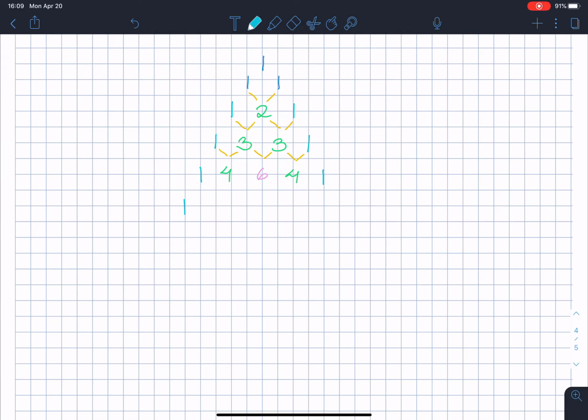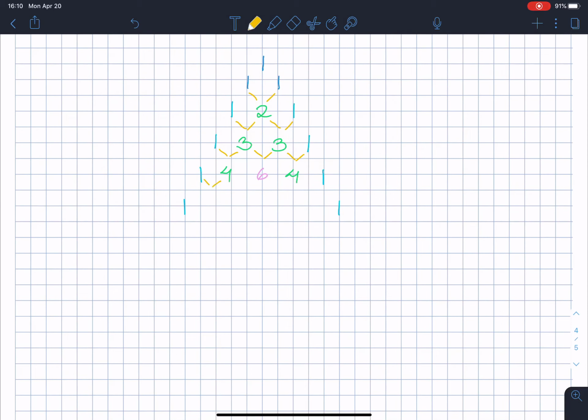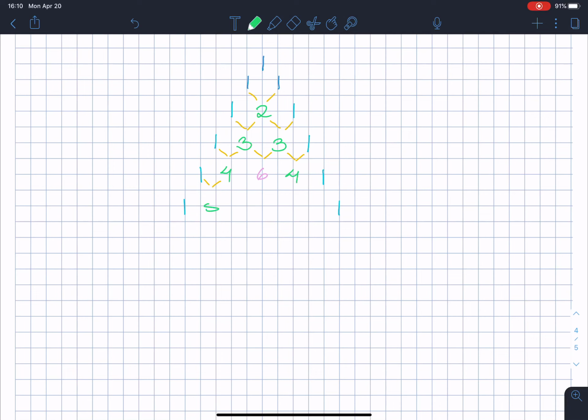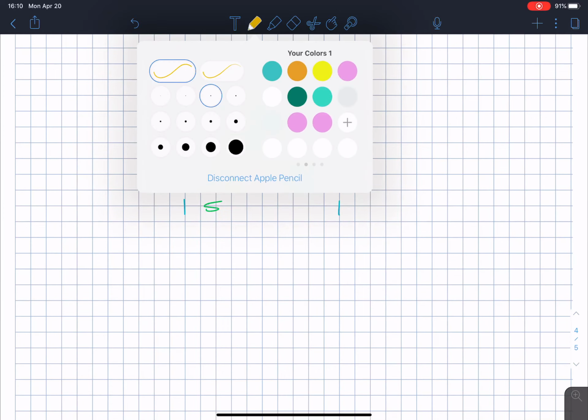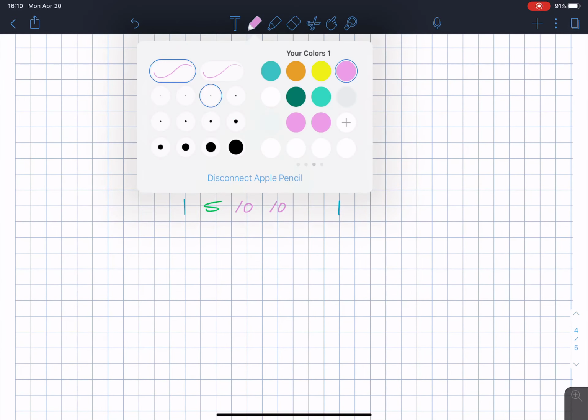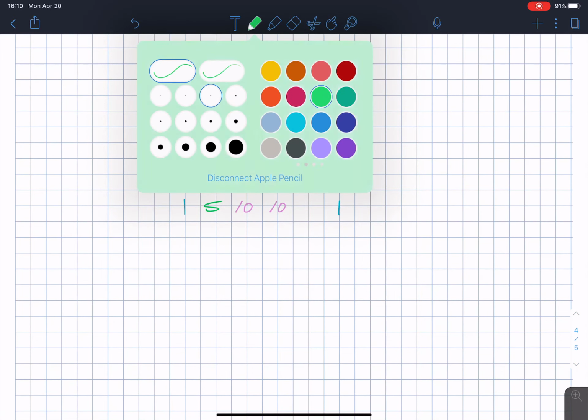So begin with 1, end with 1. So we have 4 plus 1 is 5. We have 4 plus 6 is 10. We have 6 plus 4 is also 10. And then we have 4 plus 1 is 5.